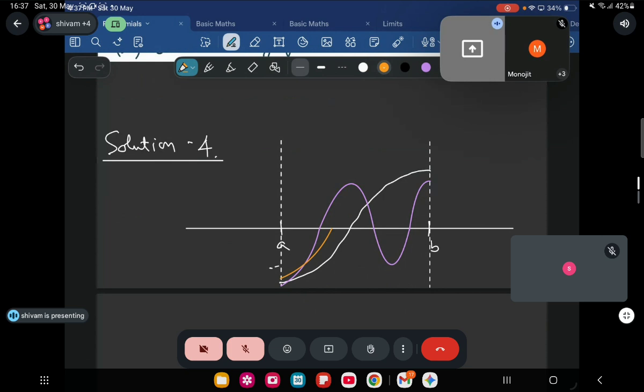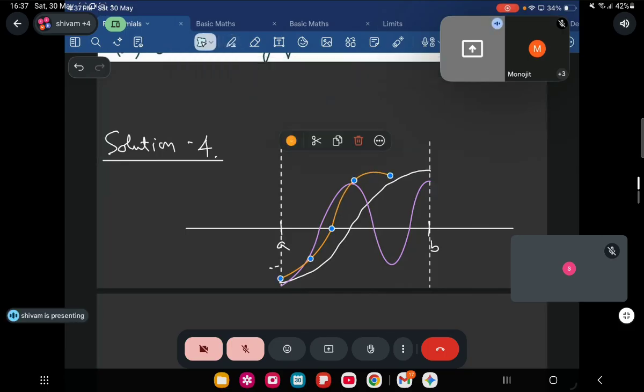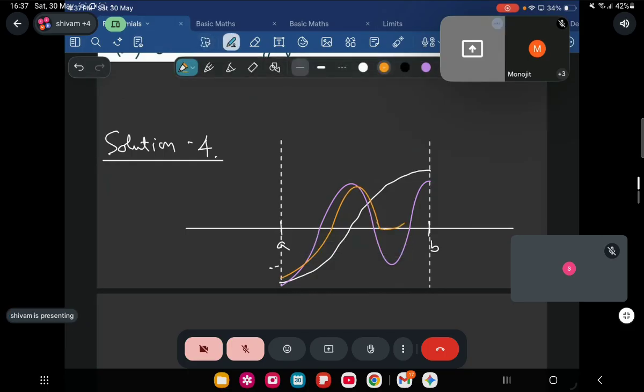Very good. This is what I wanted you people to understand. See the orange graph. It goes up, instead of going below. It just touches like this and goes up again. Tell me, did you people understand the orange graph?